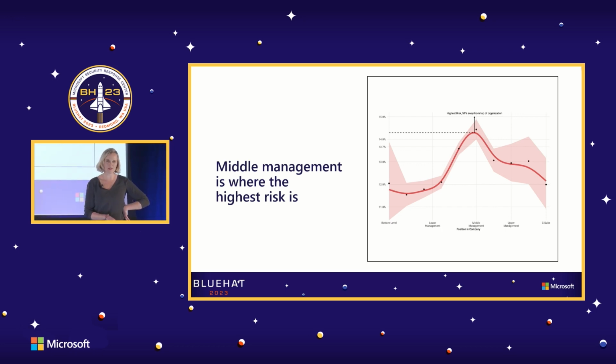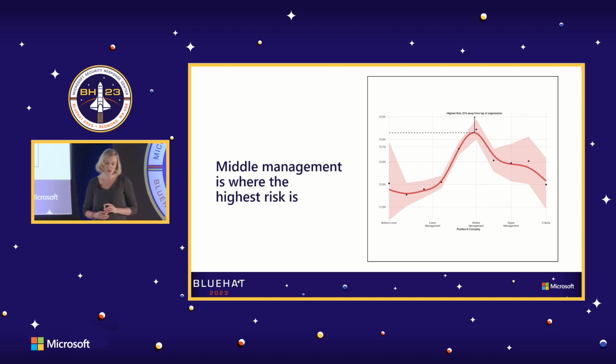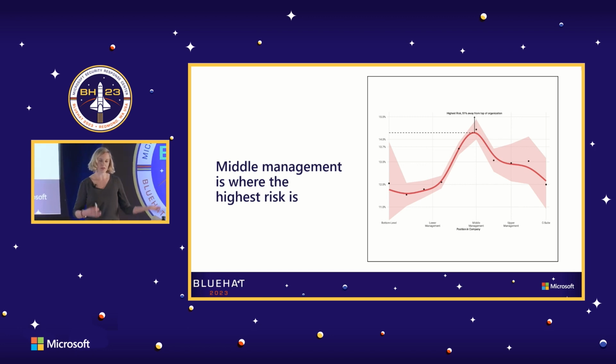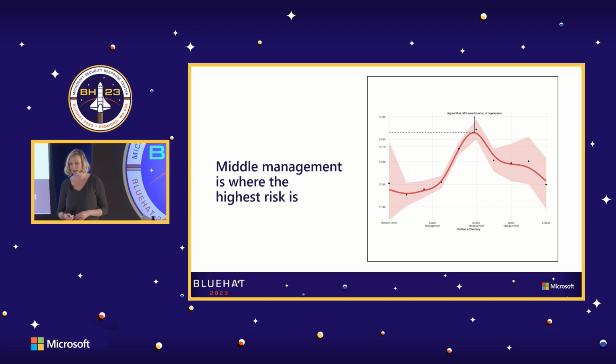It starts at the bottom level on the left-hand side and moves up to the C-suite on the right. And as you can see, there is a clear spike in the middle of high-risk employees in middle management. My thinking on this is that middle managers probably have to deal with the most external vendor contracting conversations compared to the C-suite or bottom level, so they may be exposed to greater risk that way.